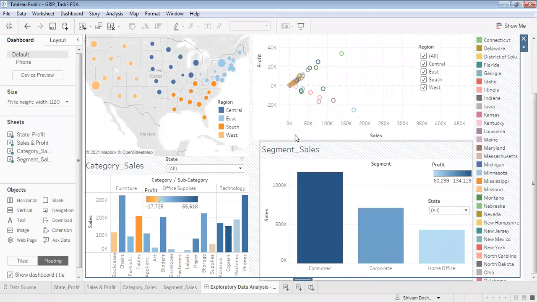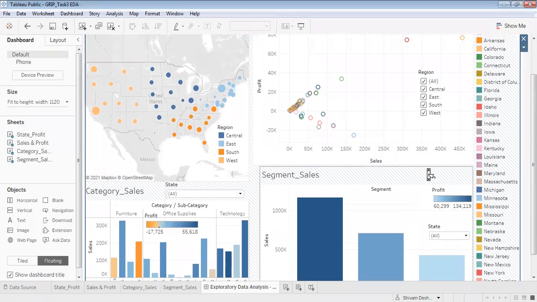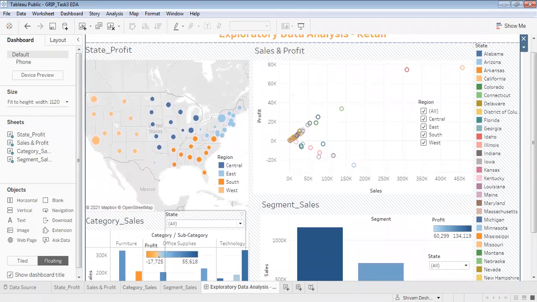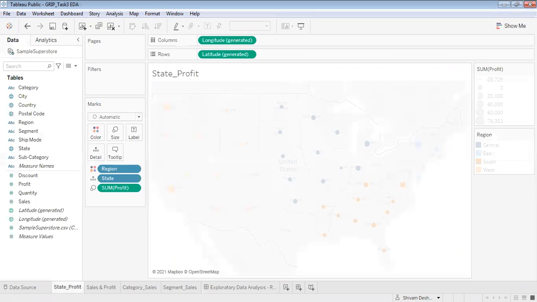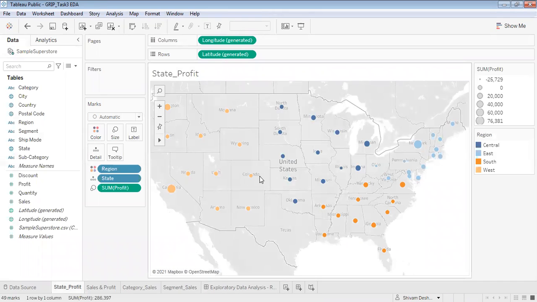So this is the dashboard that has been created. There are four sheets you can see over here from which the dashboard has been made. We'll look at each individual sheet. This is the state profit sheet. Here you can see different states across different regions.